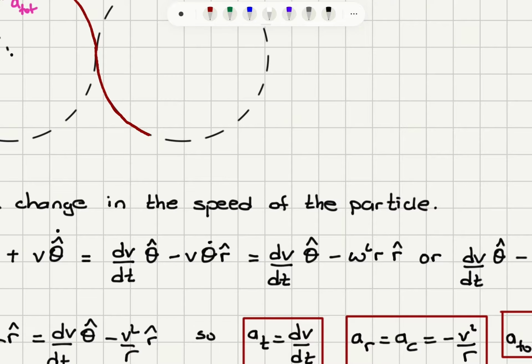So with that, we have dv/dt theta hat, the tangential part, and minus v theta dot. Theta dot is the angular speed omega, so it's going to be minus v omega r hat. Because v is equal to omega r, it's also equal to minus omega squared r r hat.